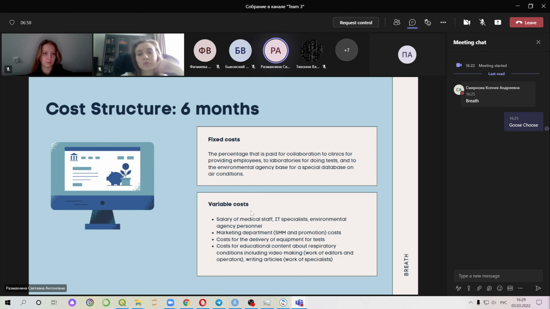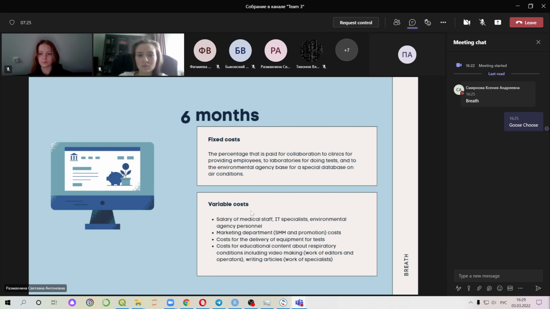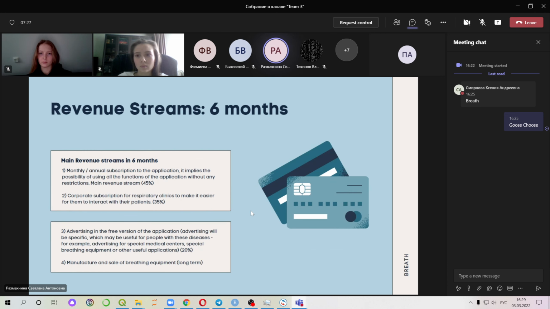Variable costs: salary of medical staff, IT specialists, environmental agency and marketing department, costs for the delivery of equipment for tests, and costs for educational content about respiratory conditions, including video making and writing content for articles. So that's all. And we go to the revenue streams for the 6 months frame.